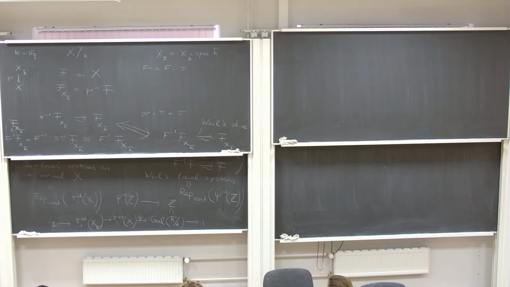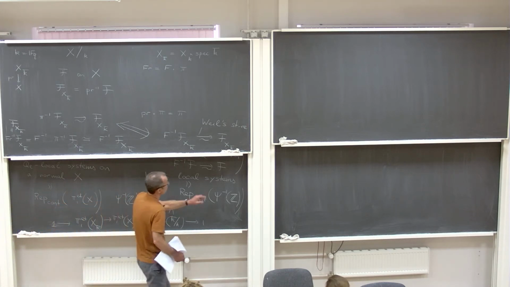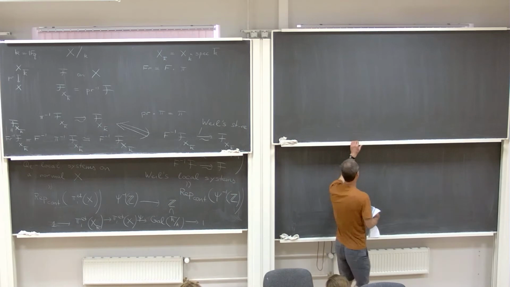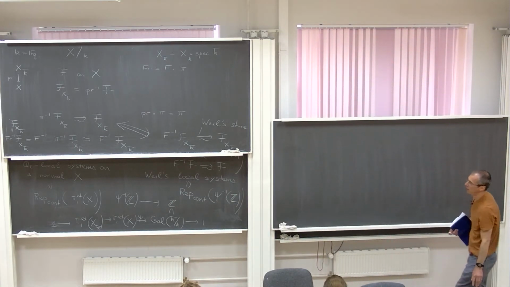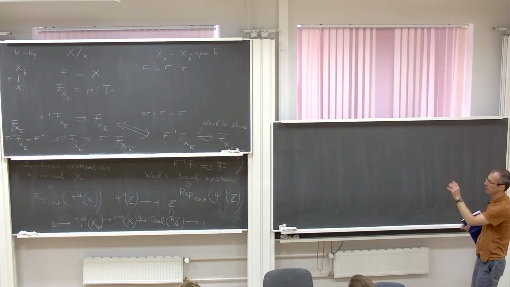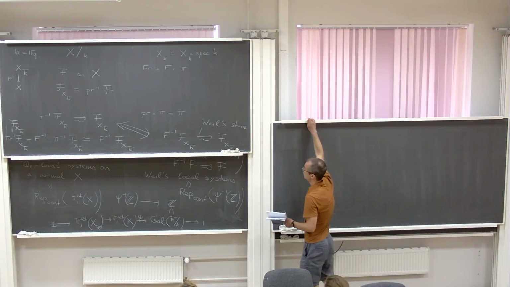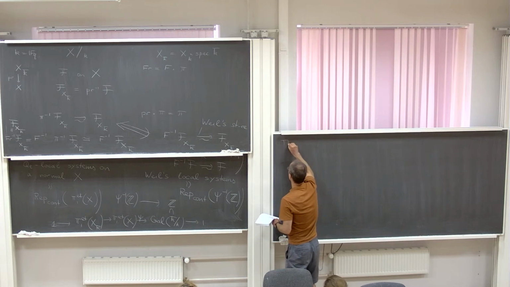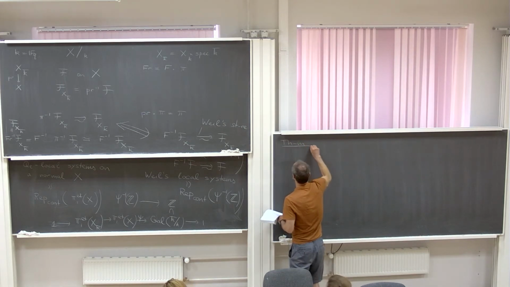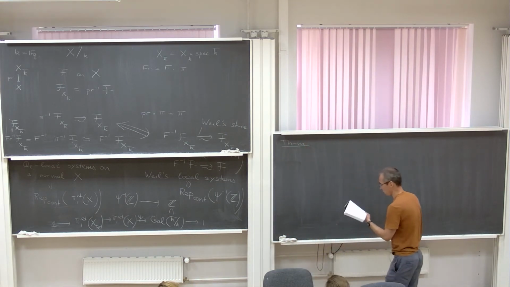Okay? Good. So Weil sheaves are a mild generalization of just the category of sheaves on X. And now it's convenient for some geometric applications.